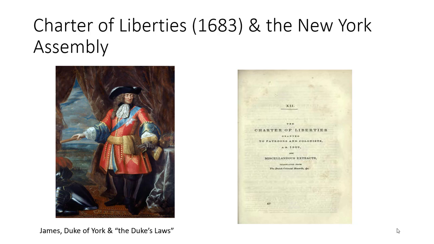So some of them did more than one. And the third type we see here, at least for a short time in New York, is called a proprietary colony. A proprietary colony was much like a charter colony, but instead of giving the colony over to be run and operated by a corporation, it was controlled by an individual, one single person.